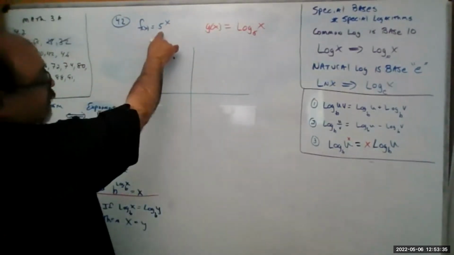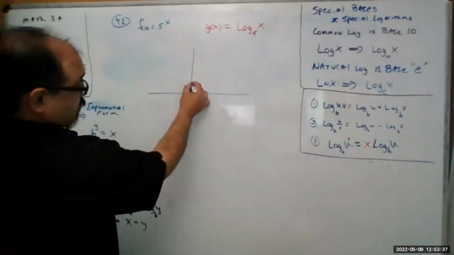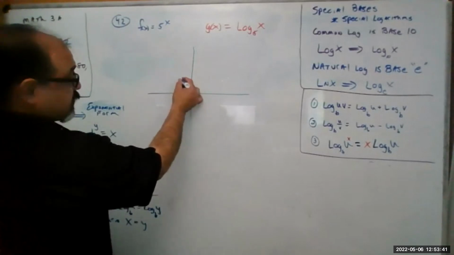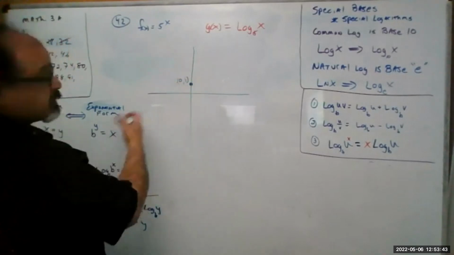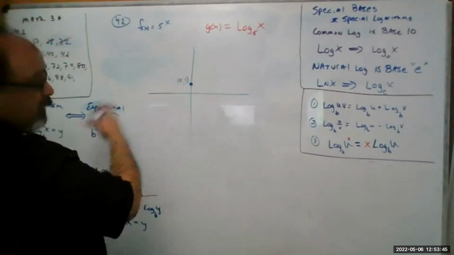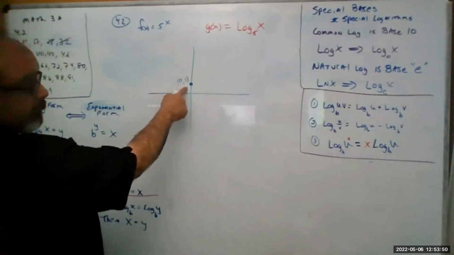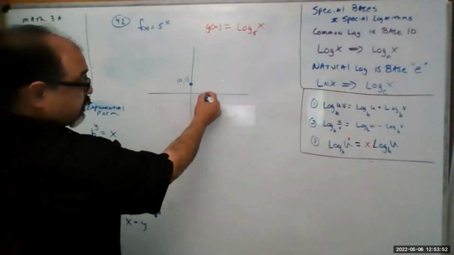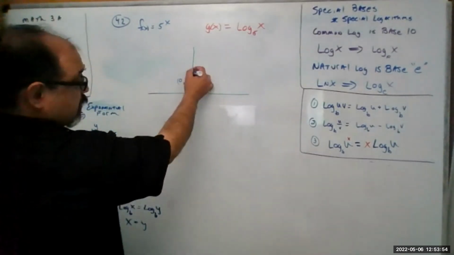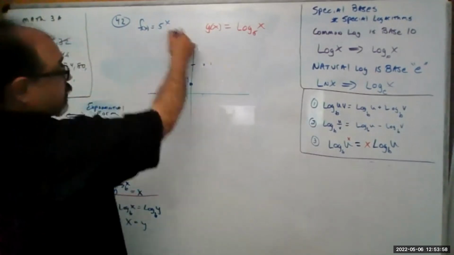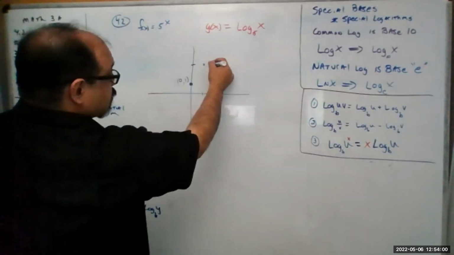Start with 0. 5 to the 0 is 1. We always know that it's going to go right through here. Unless there's some kind of vertical shift or horizontal shift, it's going to go through the y-axis. It's going to have a y-intercept of 1. 5 to the first, when you plug in 1, you're going to get a 5.